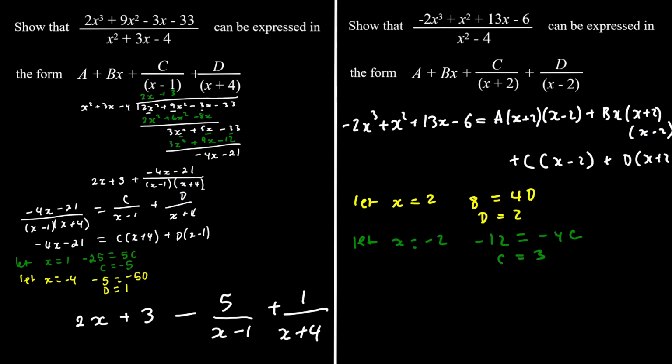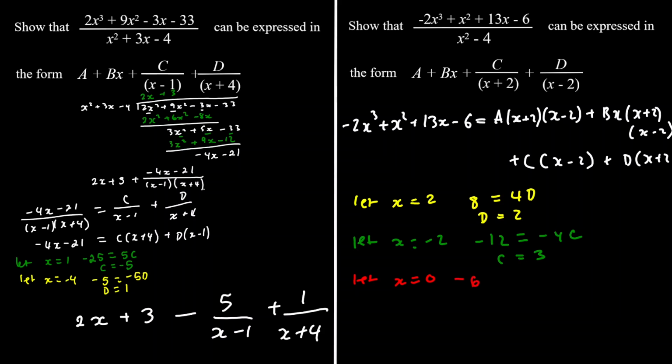Now this is where it might be a bit harder. We can let x equal 0. So it may have been easier to use the division to find a and b, but we'll see. So let x equal 0.